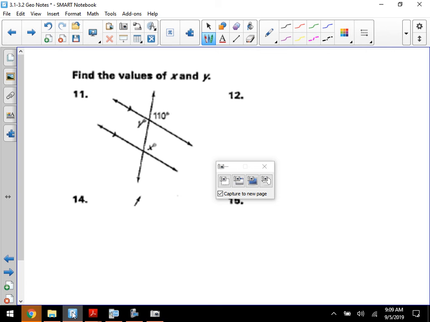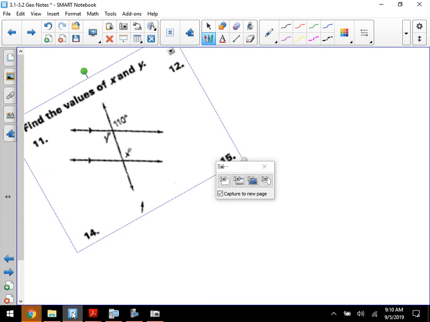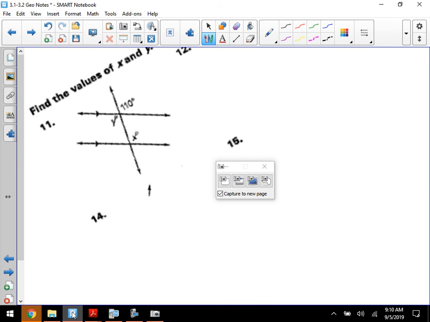Could you tilt your paper? Now does it look straight across to what you were doing? That's all you've got to do. To make it easier as far as perspective is considered, just tilt your page.